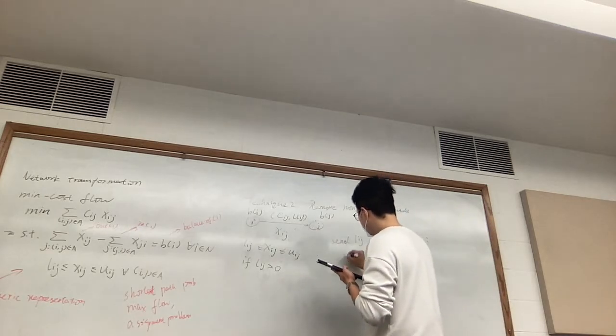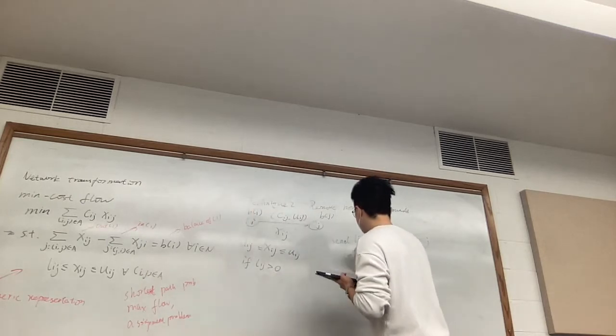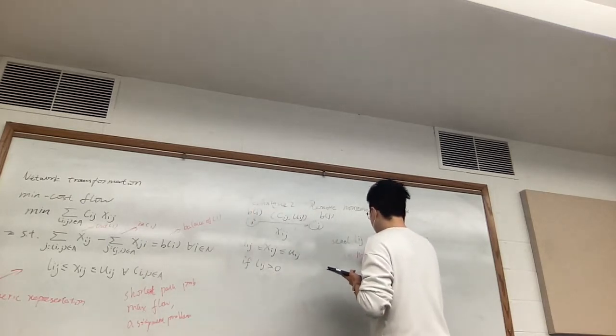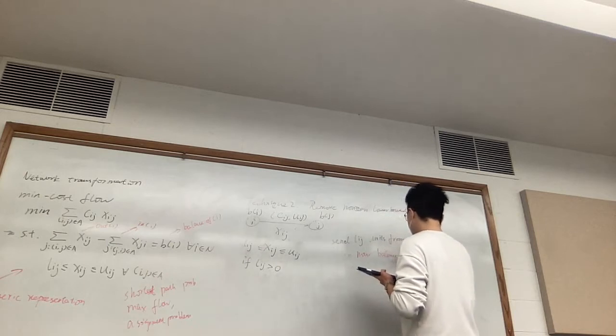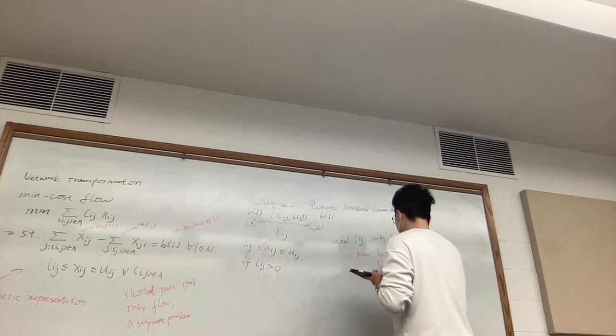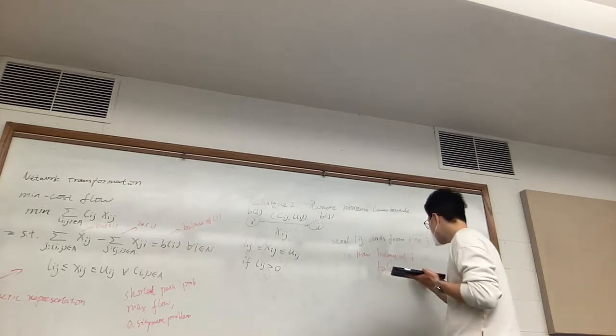Now, sorry, I need to change the color. So now, the balance of I and the balance of J, how will they change?